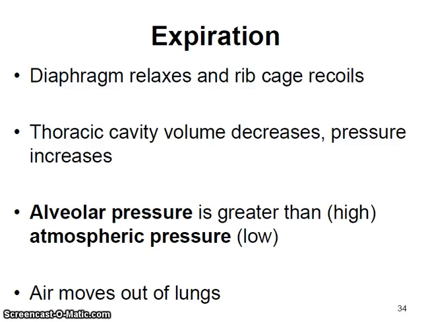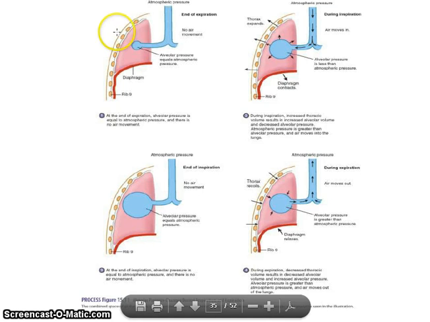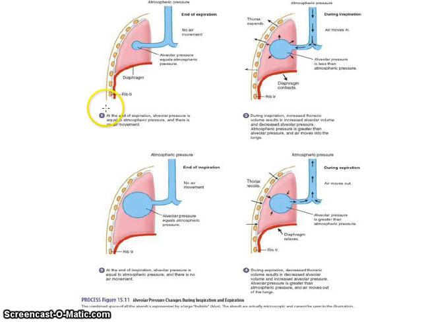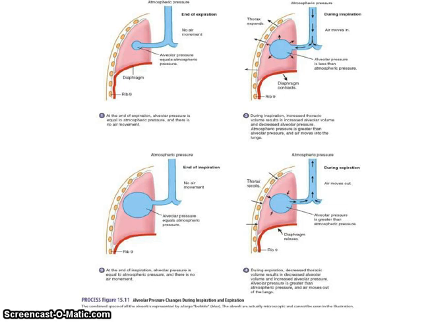The thoracic cavity volume decreases, pressure increases, and then alveolar pressure is greater than atmospheric pressure, and air will move out of the lungs. Here this is diagrammatically. This same diagram is in your textbook, figure 15.11 to be exact. Take a look at that so you have a visual as well as a verbal and mental picture of what is going on.